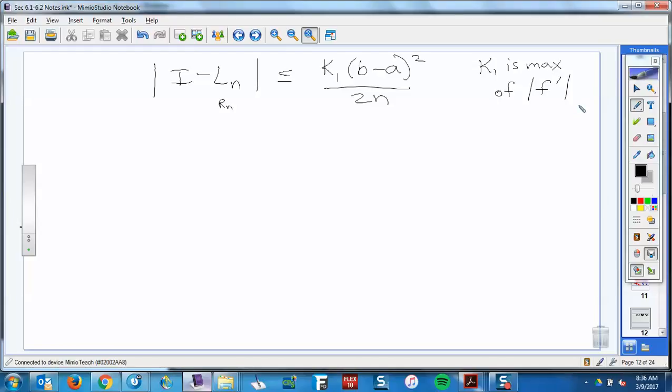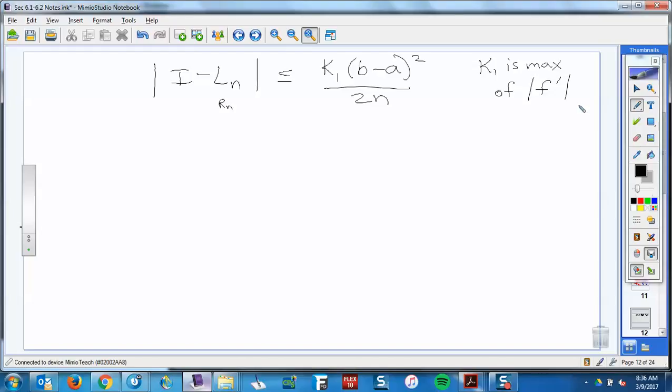And that's pretty powerful because it gives us a way to guarantee that we can't be off by more than a certain amount. And that will let us say how many rectangles we need to be sure we're accurate to a certain amount.